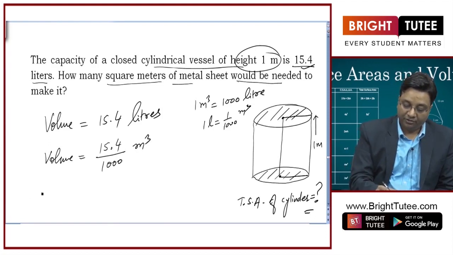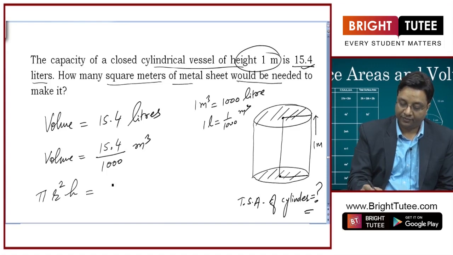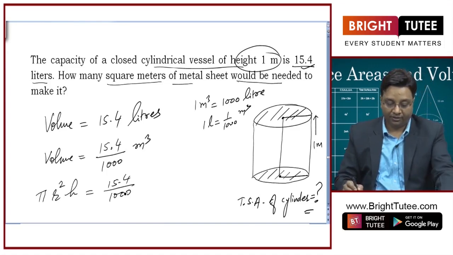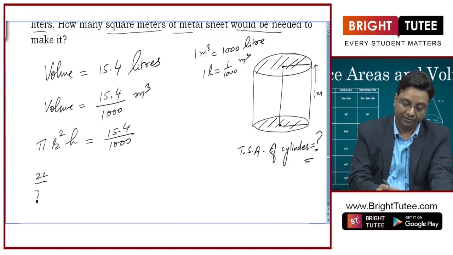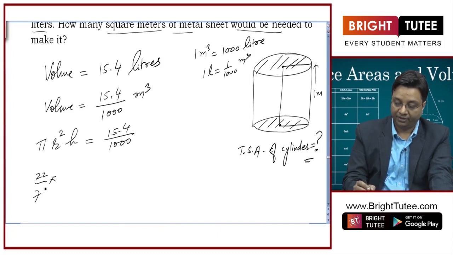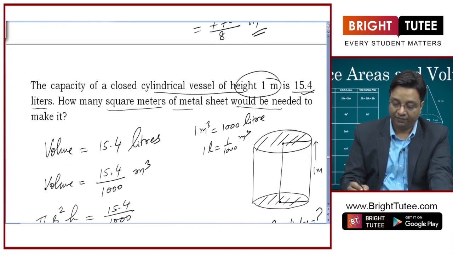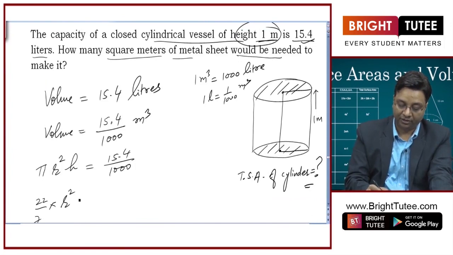Now let us put it equal to pi radius square into height. 15.4 divided by 1000. Okay, so pi we will take as 22 by 7. Radius square, we need to find the radius, which we are given the height. So I will write r square.